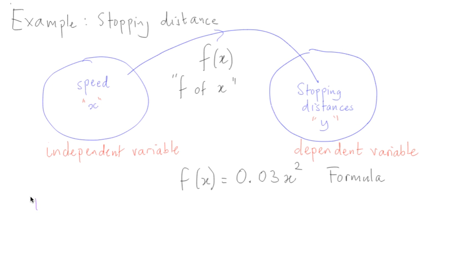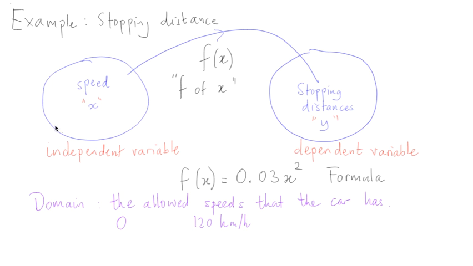The domain is going to be the allowed speeds that my car has. For example, I cannot have a negative speed, so my lowest value of the domain is going to be 0, and typically cars can only travel about 120 kilometers per hour.